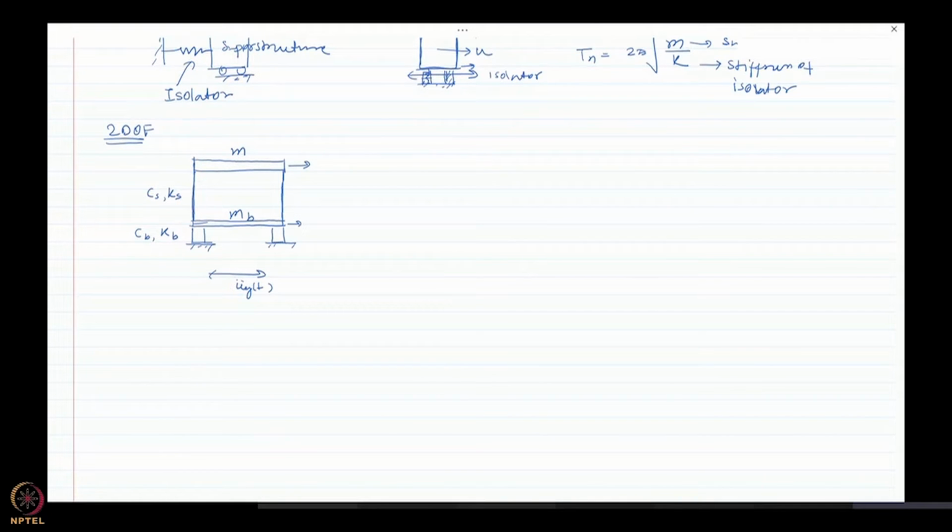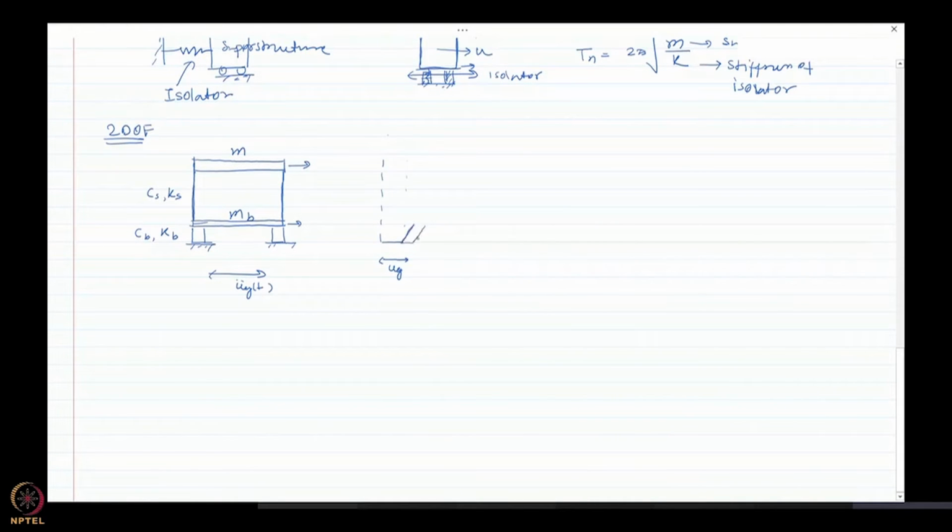Okay, so let us say under the action of this ground motion, what will happen? First, initially if the structure was here, there would be some ground movement. So this is the initial position of the structure. The ground movement, let us say it is UG. That would be the rigid body motion of the overall structure. Then there would be deformation at the isolator level.